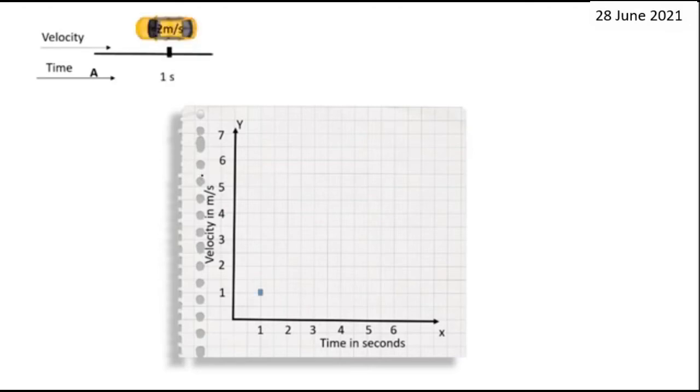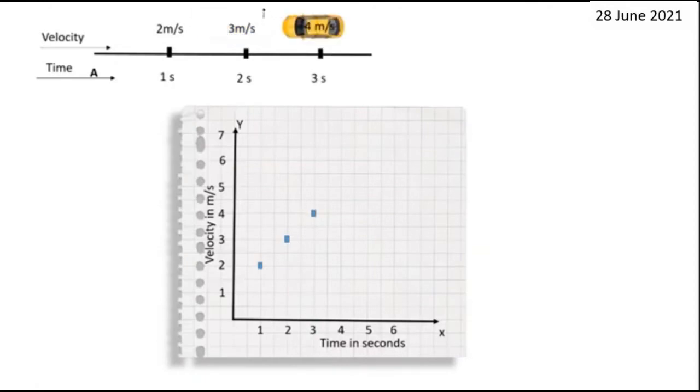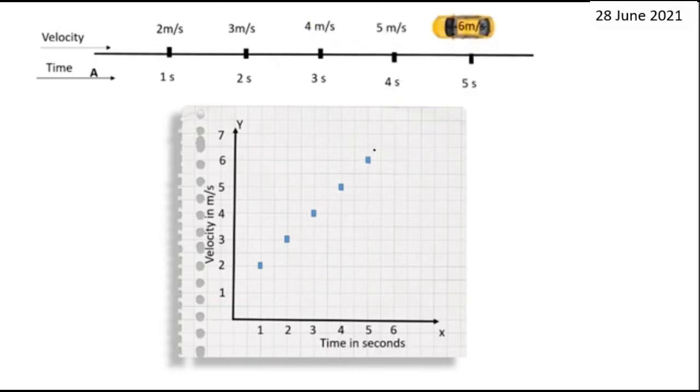Next, we shall have another situation where there is an increase in velocity. Look at this, 2 meter per second becomes 3 meter per second. So 1 meter per second increased, and then another 1 meter per second increase. Okay, and then for the fourth second another 1 meter per second increase, and so on, right?